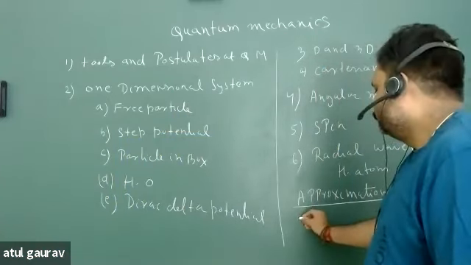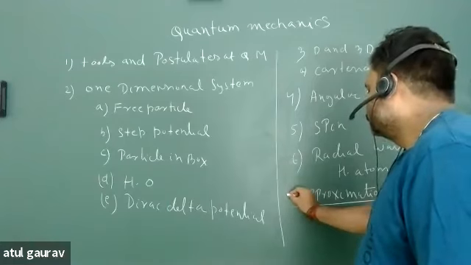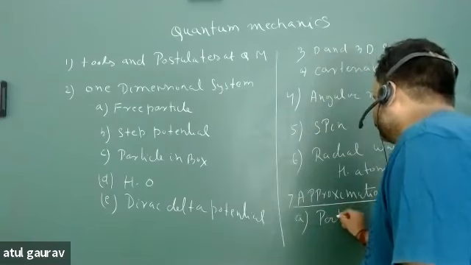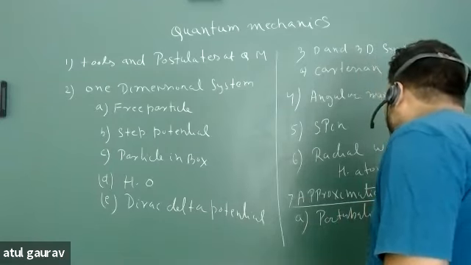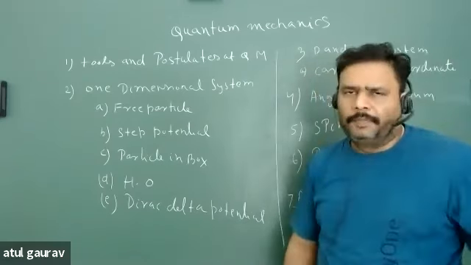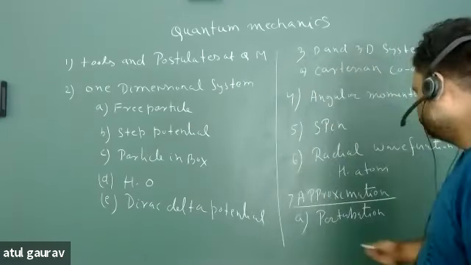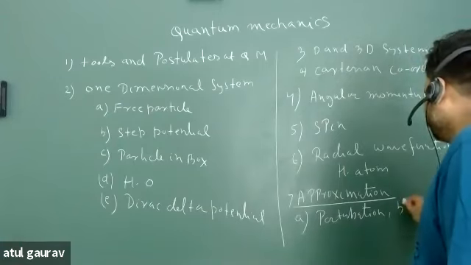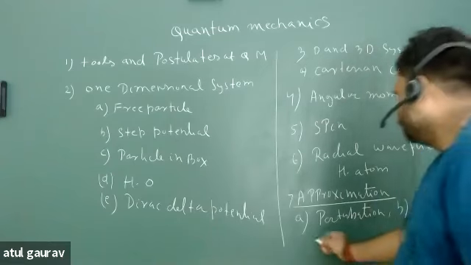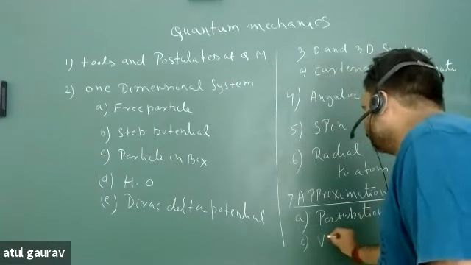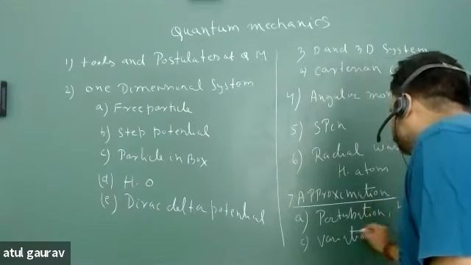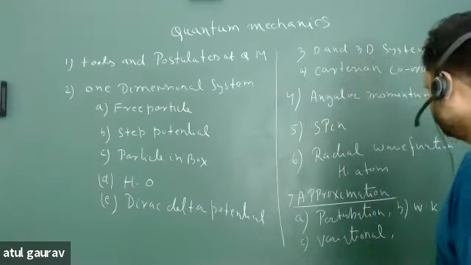So first, this is number 7, we will go for perturbation. In perturbation, you will see non-degenerate, degenerate, time dependent, everything we will cover. Then we will go for WKB, and then we will go for the variational principle.